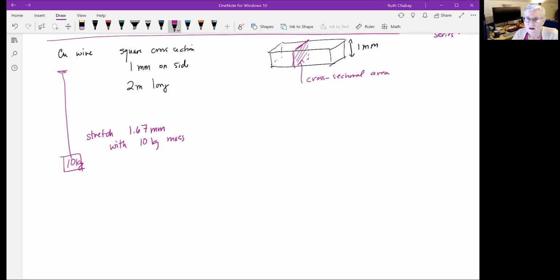has so everything inside those bonds has its own stiffness, but what we're going to do is just use the effective spring stiffness of this wire.